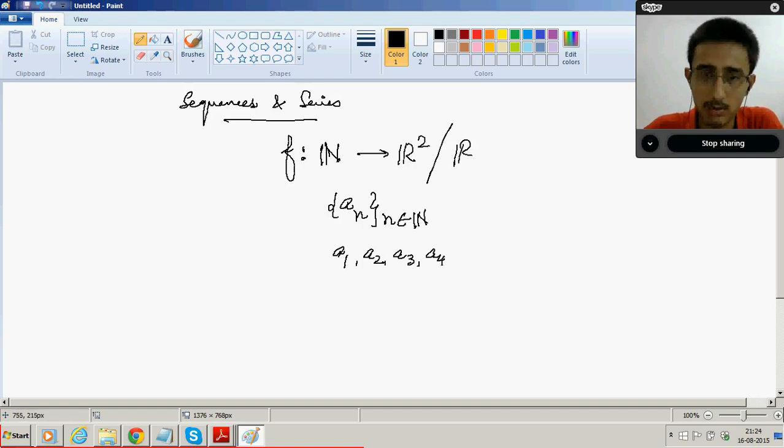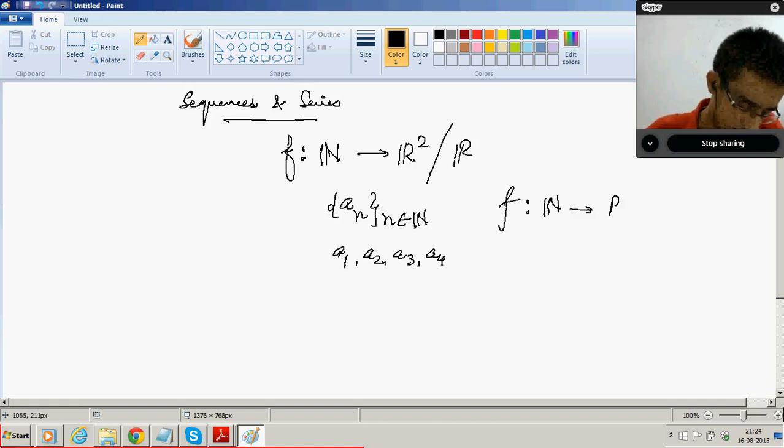A sequence of numbers. So it is a function from N to the set of reals.